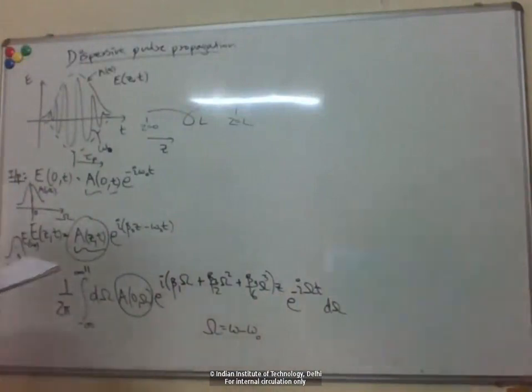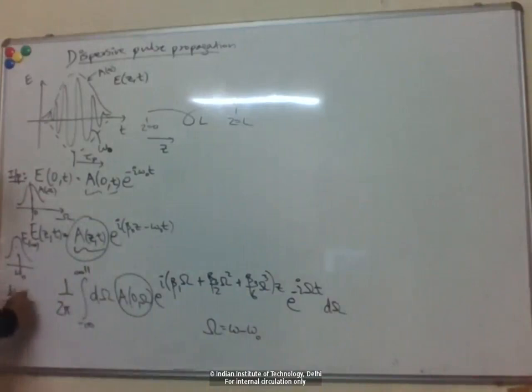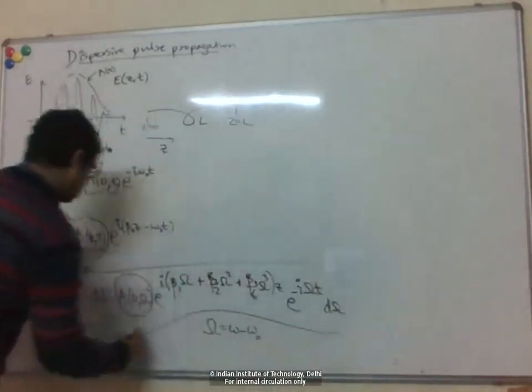Okay, so this equation is A(z, t) is equal to this, right? So this is the equation.